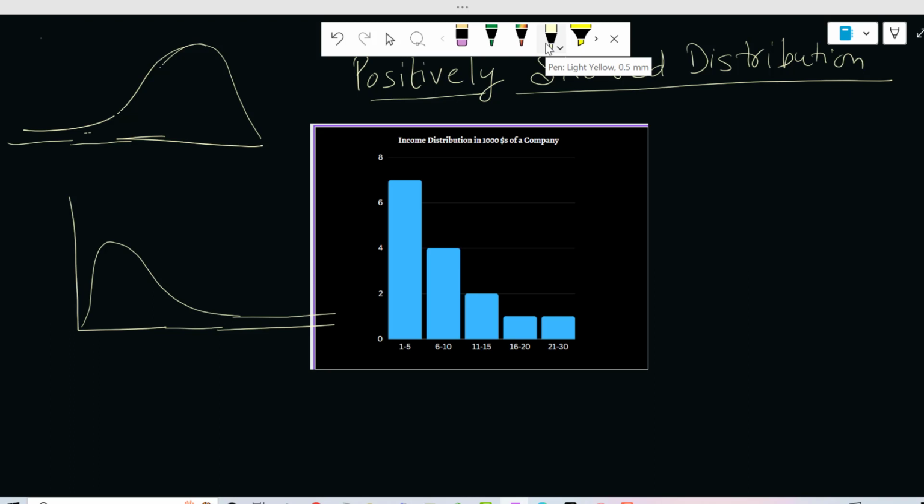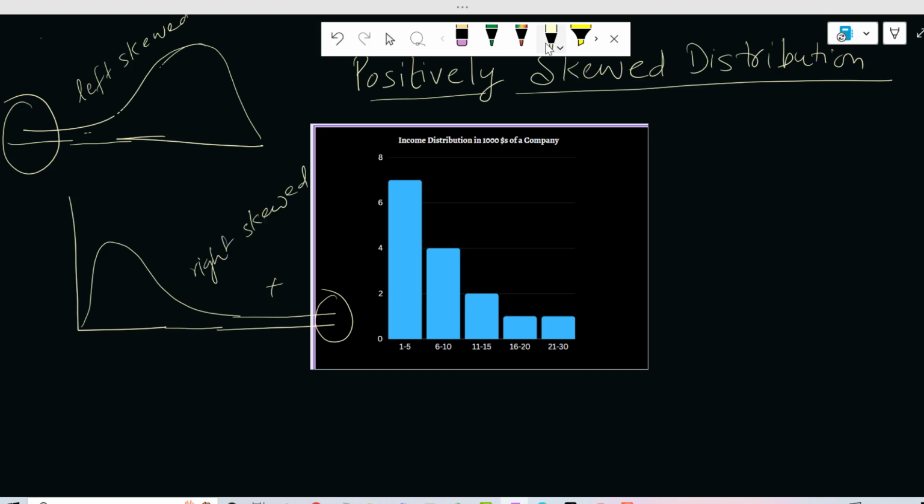So by having a look at this graph, we can say outliers are residing in this direction, in the left or negative direction, while in this case we can clearly say that outliers are residing in the positive direction, and hence is the name. So this is left skewed, or we can also call it negatively skewed, and this is right skewed, and we also call it a positively skewed distribution.